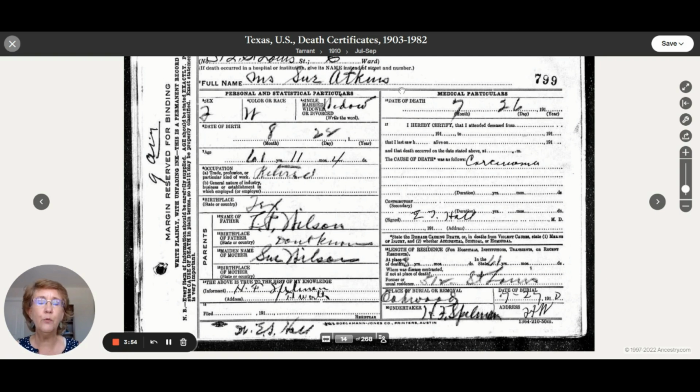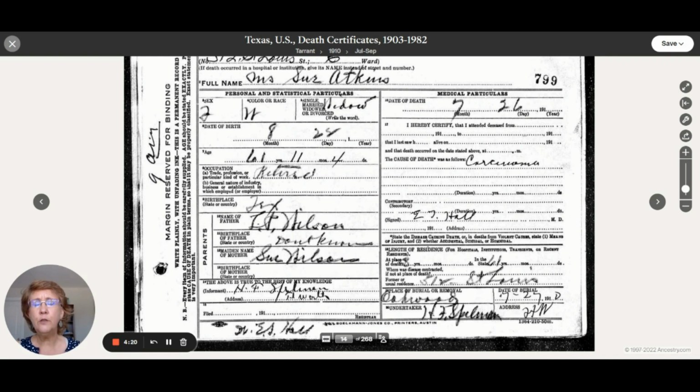And we don't know if this would have been a first marriage or a second marriage, but it's a place to start. So on my research plan, in addition to putting in the directory and looking at this address that we had, I'm going to look for a marriage record between a Sue Wilson and a gentleman with the surname of Atkins. So I would put that onto the research plan.